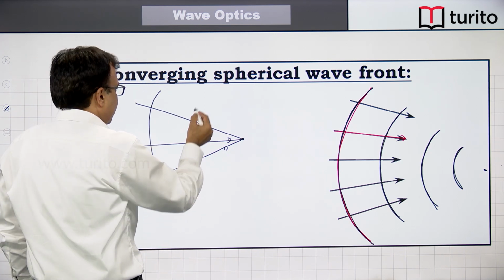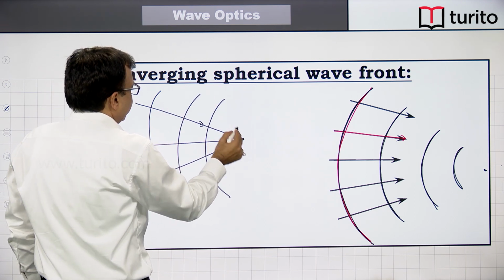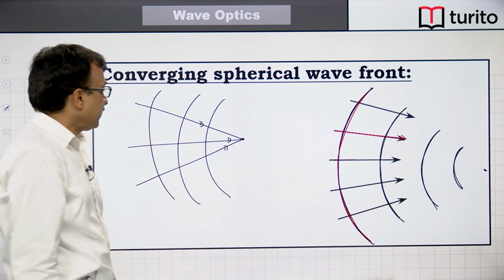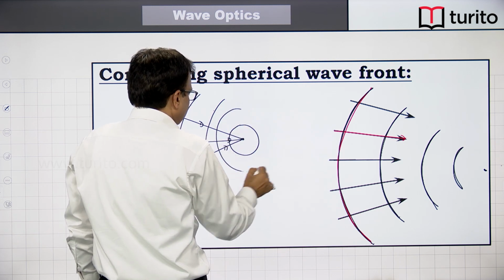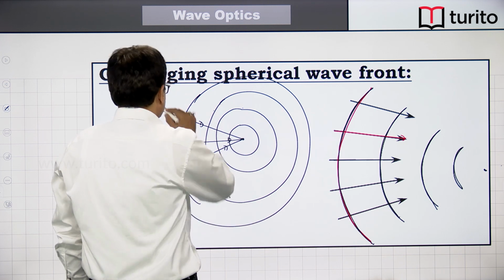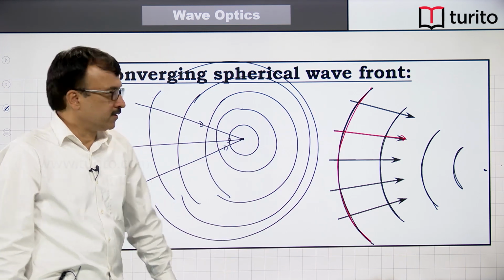So, this is the wavefront, and the center of curvature is this point for all these wavefronts. And the size of the wavefront is decreasing.